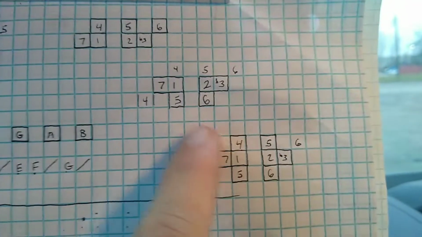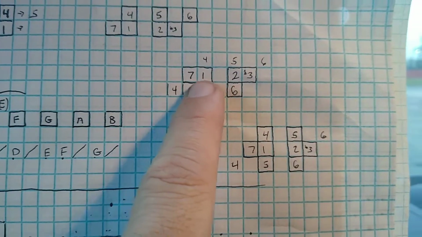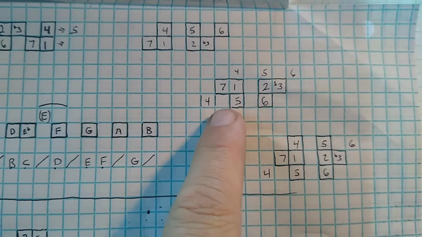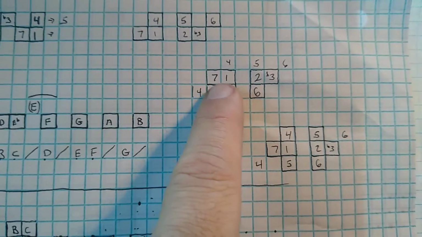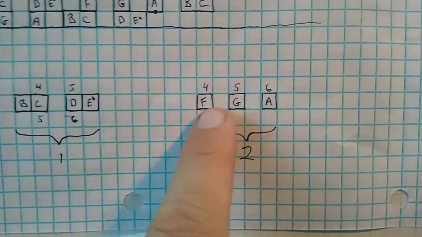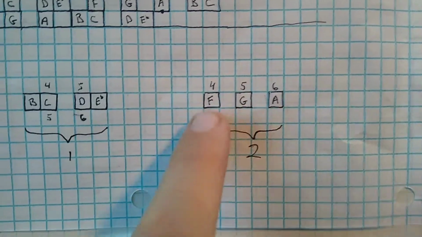Let's look down here. Okay, I wrote it here: 7-1, 2-3. You always have this pattern. There are two half steps together, and then your 3. That's all there is.